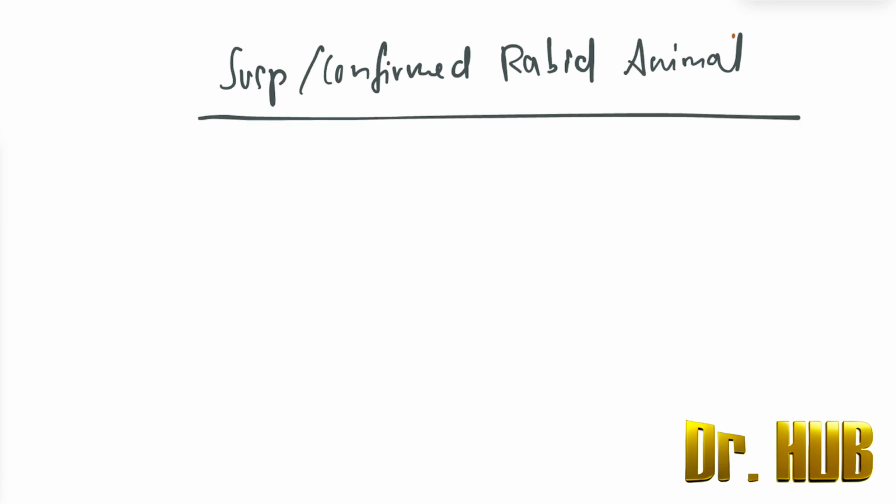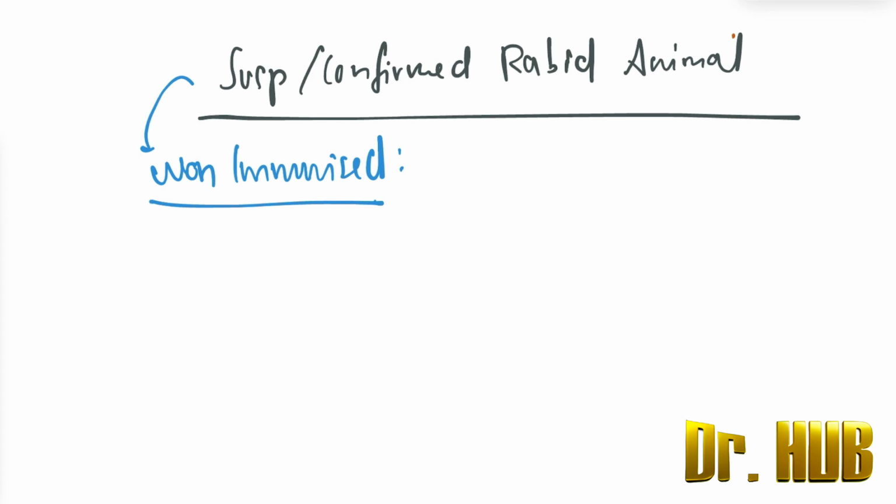Here there are two kinds of categories. First we'll look at the case where the person is non-immunized. Category 1 means there is only wound washing.